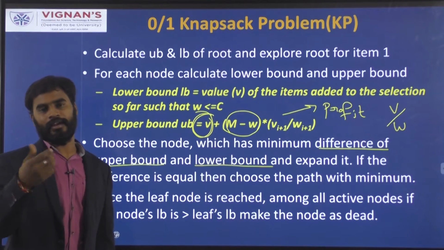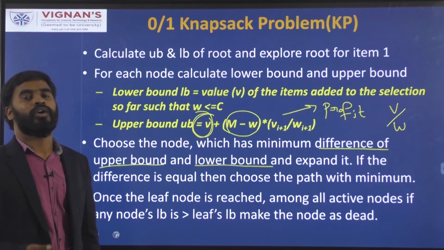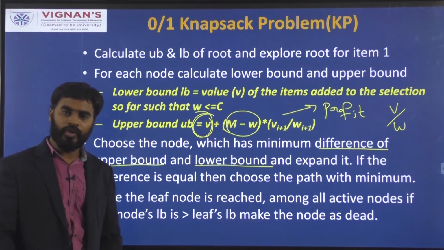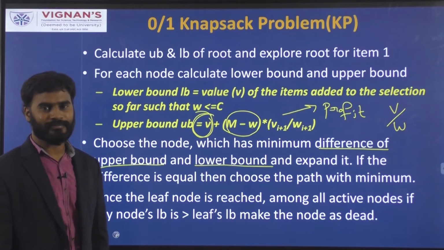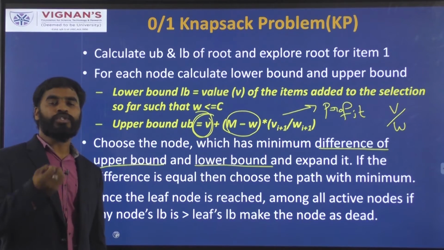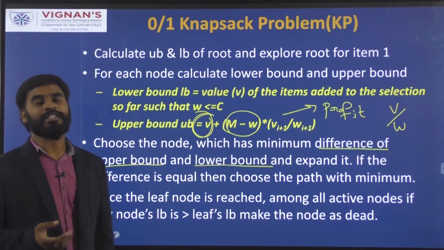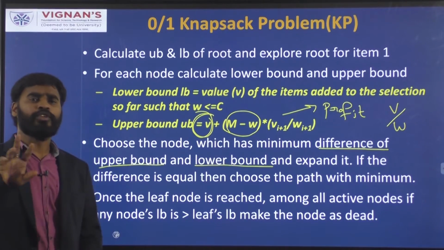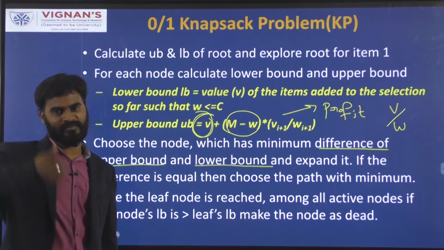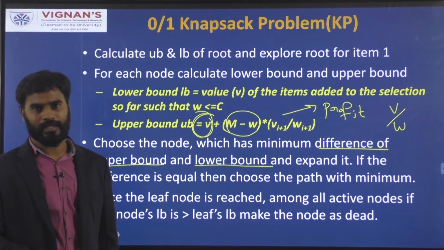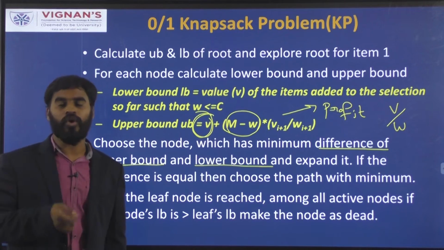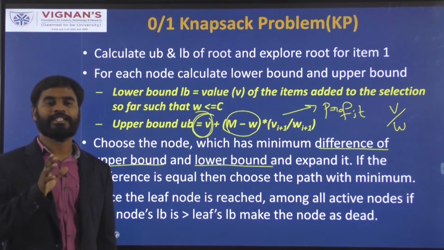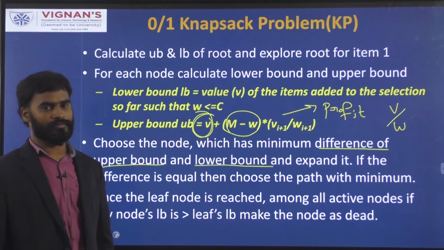If you have multiple live nodes available to explore, we will use the least cost strategy. The logic is we choose the node with the least difference between the lower bound and upper bound. If two nodes have the same difference, then we choose the node with the minimum lower bound. We will discard the node which has the higher upper bound.